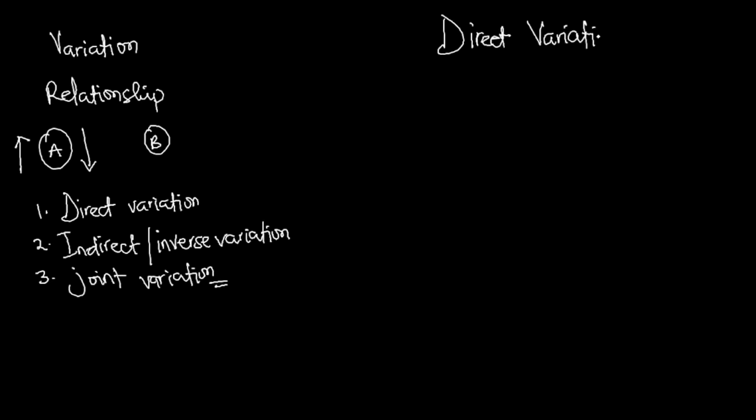So, direct variation. Two or more quantities are said to be directly proportional or vary directly when both quantities increase or decrease together.